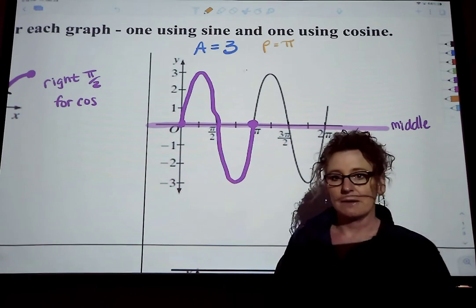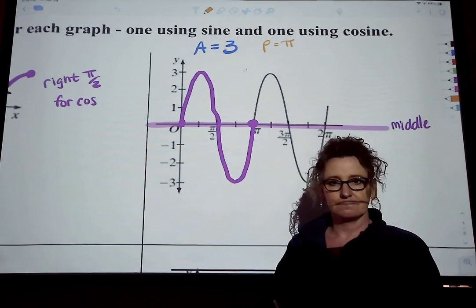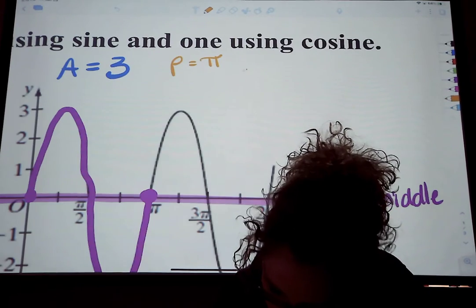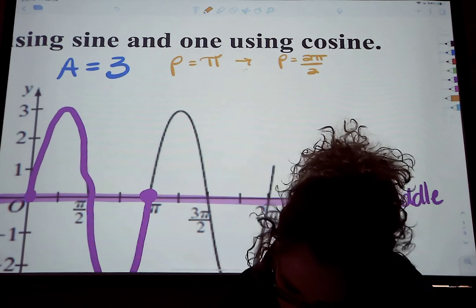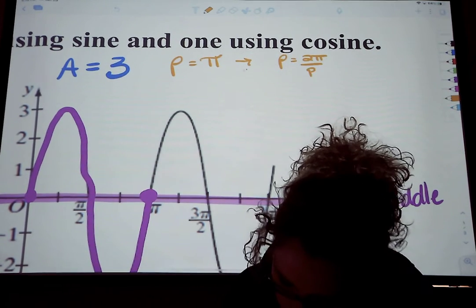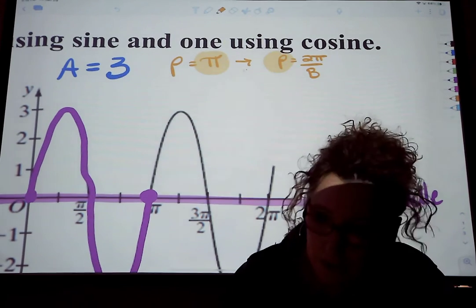That's how long it took me. Figure out b. Formula. Sub it in.